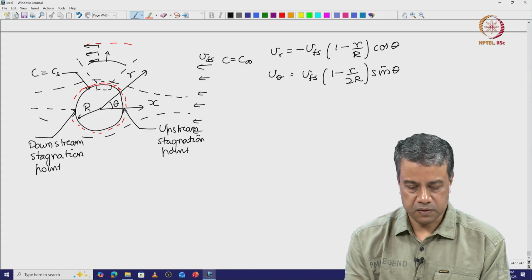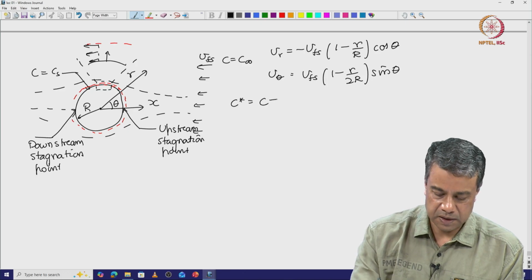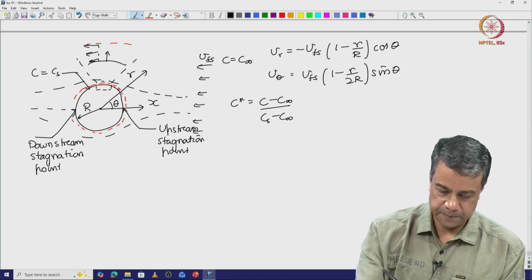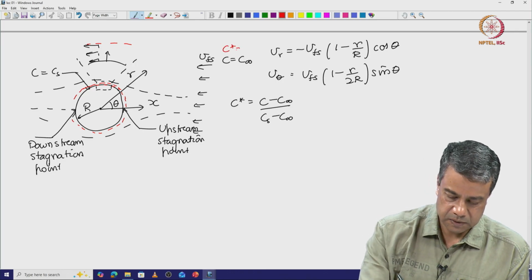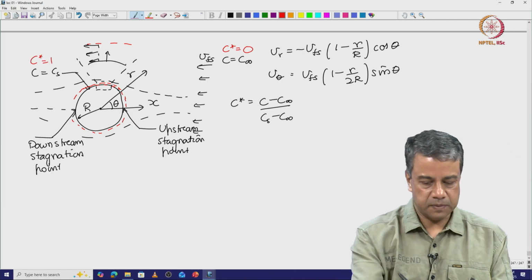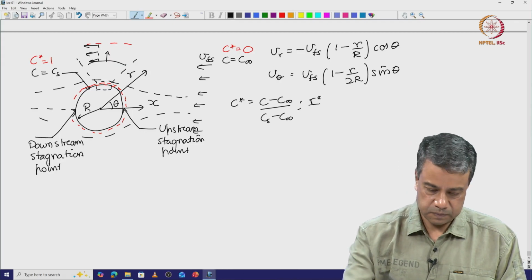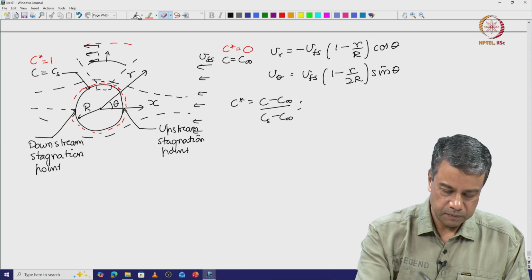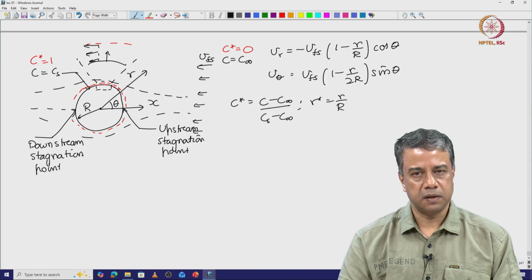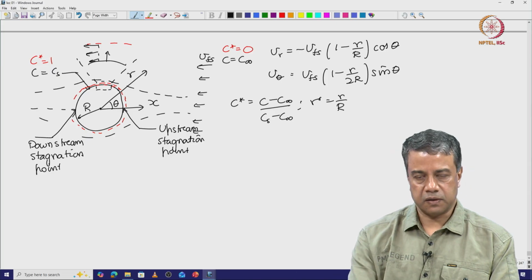So, first things first, I will define C star is equal to C minus C infinity divided by C s minus C infinity. So, here far away C star is equal to 0, at the surface C star equals 1. R star is equal to r by R, and theta is of course an angle, so it does not have to be non-dimensionalized.